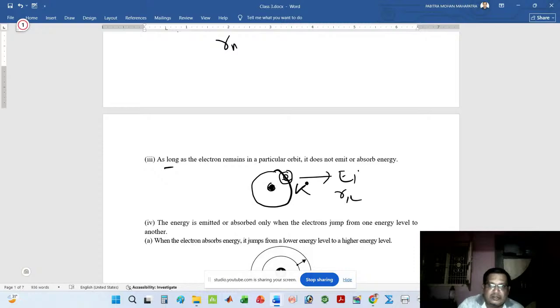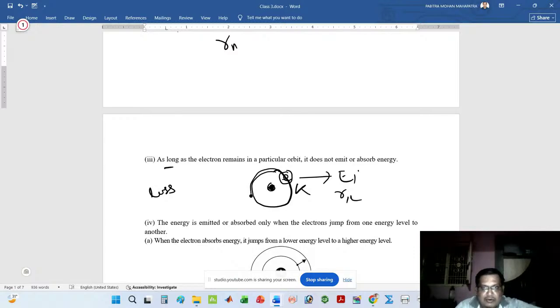Suppose the electron loses some energy, then it will change its path from the original path. The orbit position is changed when it loses or gains energy.